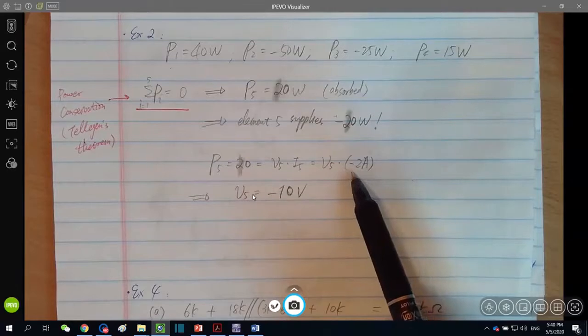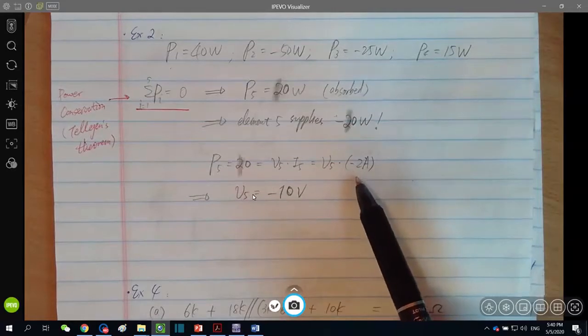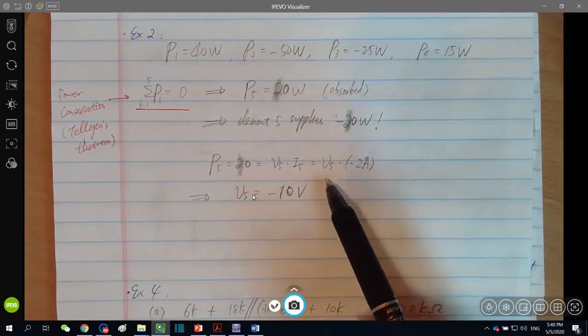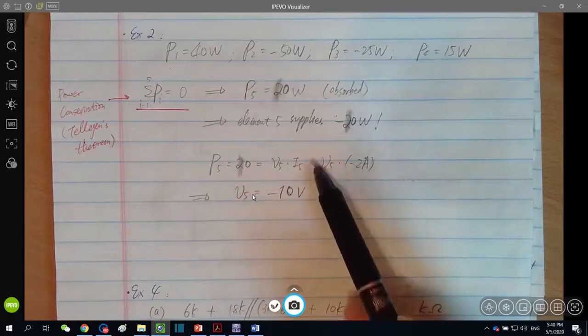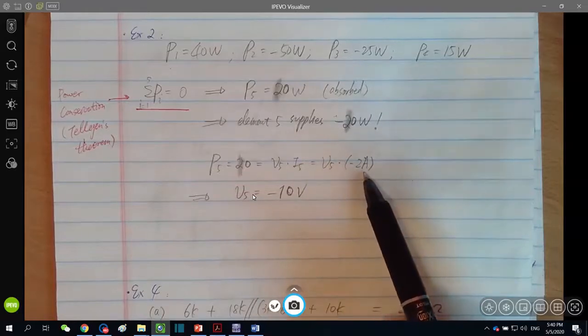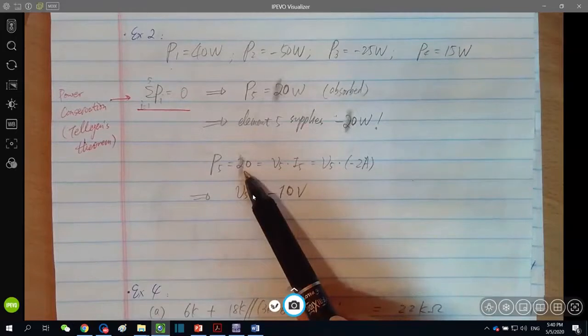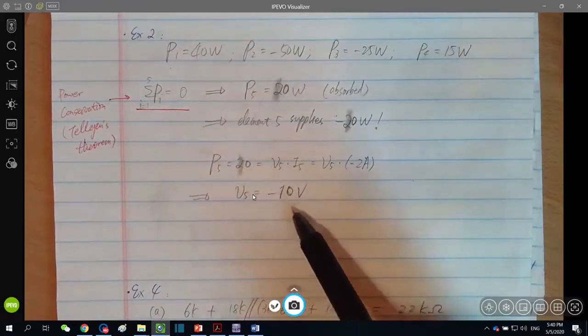The negative 2 amperes is entering into the positive polarity of the V5. Therefore, we just directly apply V5 times this negative 2 amperes. It equals positive 20. Therefore, V5 equals negative 10.